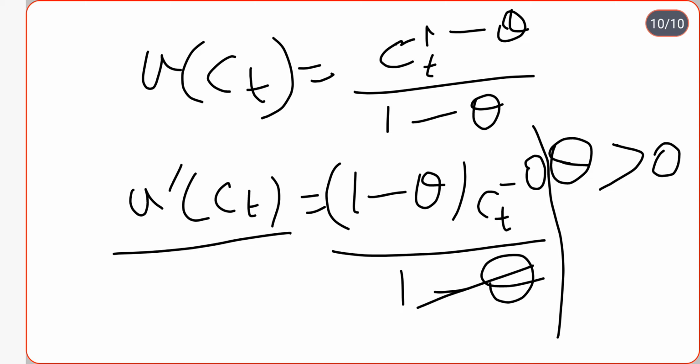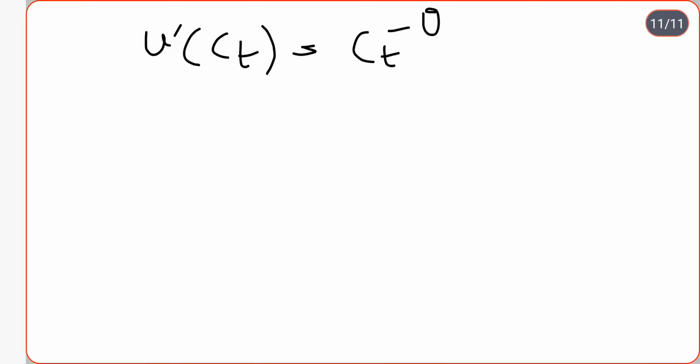Now 1 minus theta and 1 minus theta will be cut down, so we are getting Ct to the power minus theta. So what have we obtained? We have obtained that u dash Ct is equal to Ct to the power minus theta.